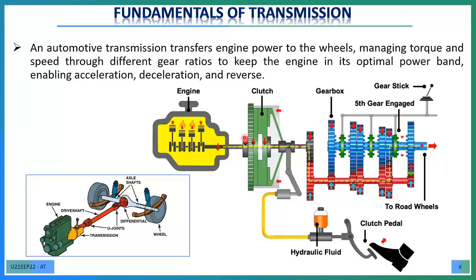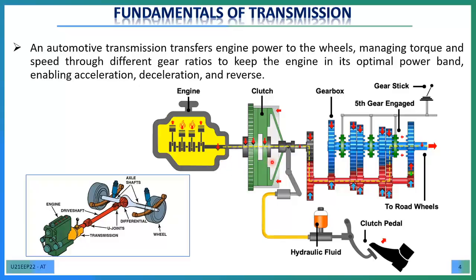In order to manage the different speeds, we use the clutch and gearbox systems. By engaging and disengaging the engine to the wheel through the clutch and gearbox, we can vary the speed of operation.